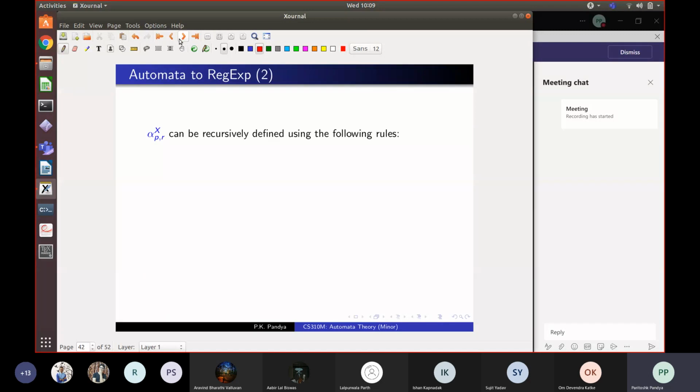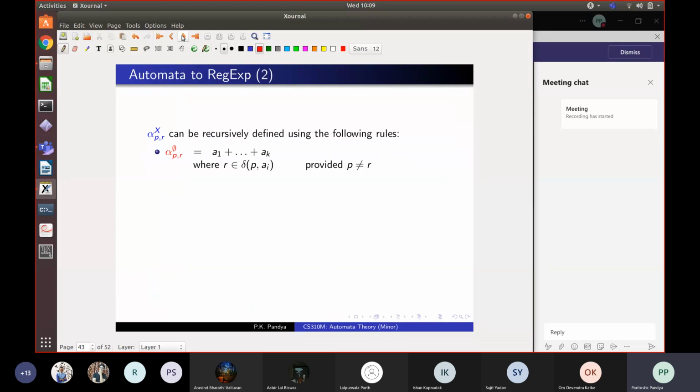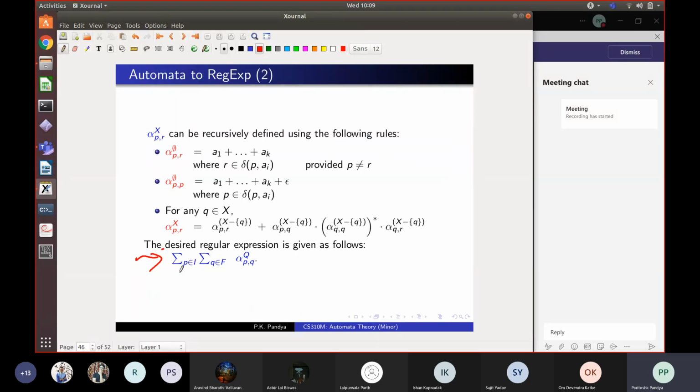So what I'm saying is, suppose you can construct such alpha PQ for any set X, then my claim is that for any arbitrary automaton, the regular expression for that automaton will be given like this. Choose a pair of an initial state and a final state and calculate alpha PQR, with capital Q denoting the set of all states, right?